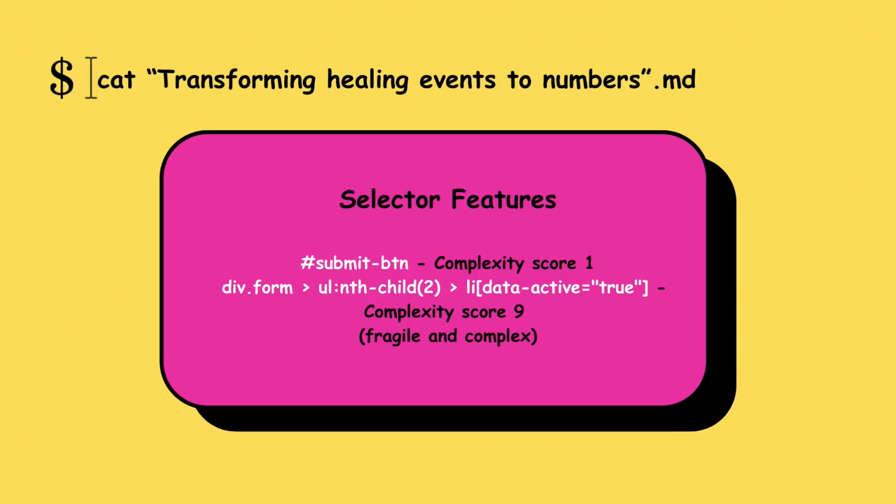Complexity becomes a numerical score based on how many conditions and nested structures exist. For example, a simple ID, #submit button, gets a complexity score of 1, but that nested selector in the slide gets a complexity score way higher because of multiple conditions and nesting.